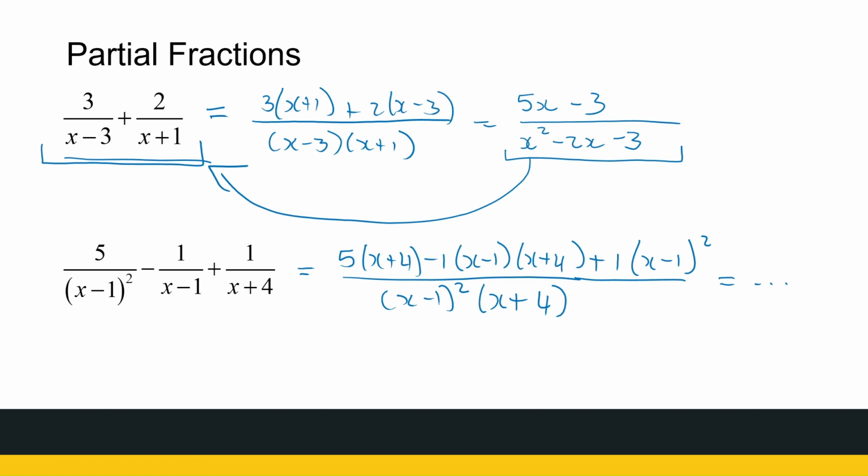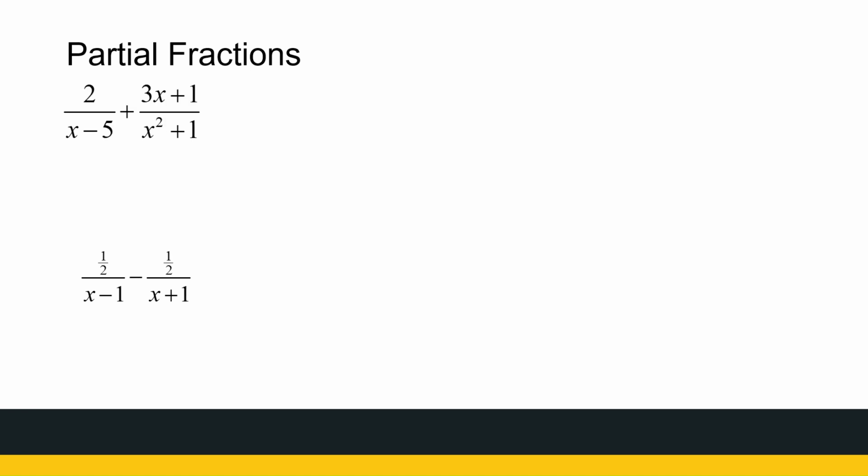What I want you to notice is if I have a denominator where there's a term that's repeated, I can have both of these types. So the denominator of one of my partial fractions can be x minus 1 squared and another one can be x minus 1. So just be aware that if I've got a repeated factor in the denominator, there are versions that look like this.